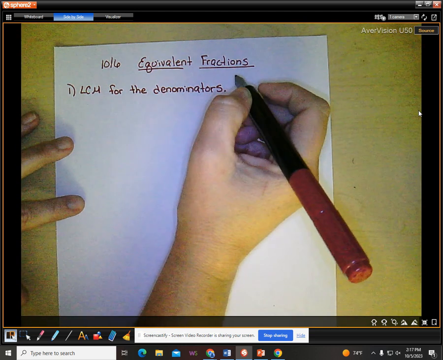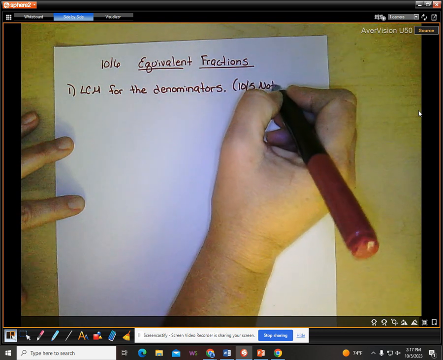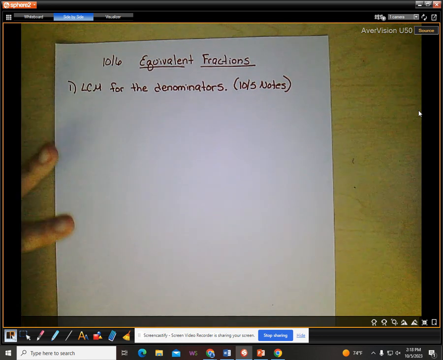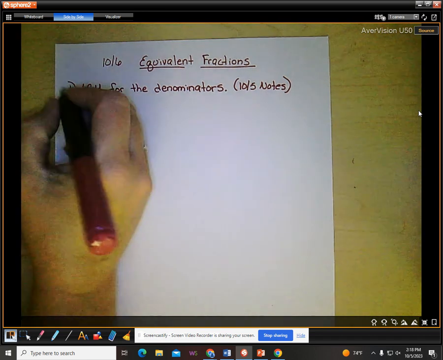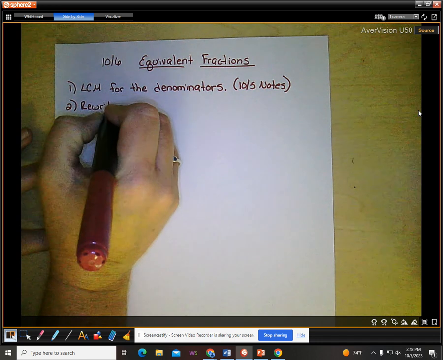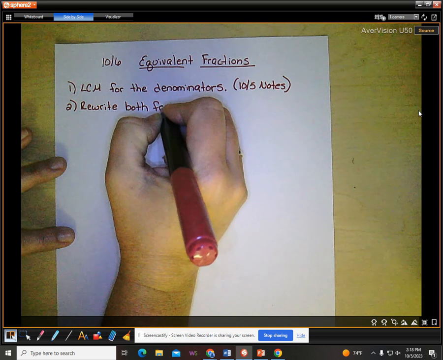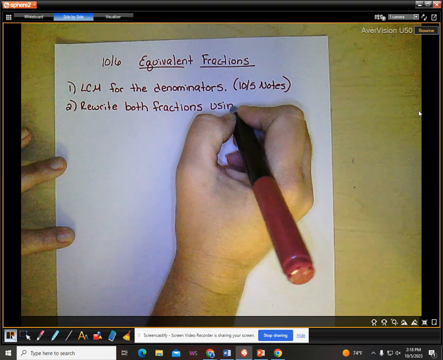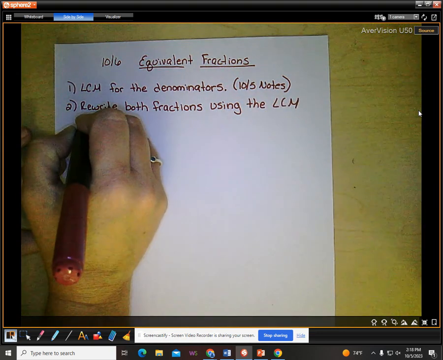Okay, and if you forgot how to find least common multiple, look at your notes from 10-5, which was yesterday. And as you're watching this, you can always pause the video to be able to keep up with taking notes. After you find the least common multiple for the two denominators, you are going to rewrite both fractions using the LCM as your new denominator.